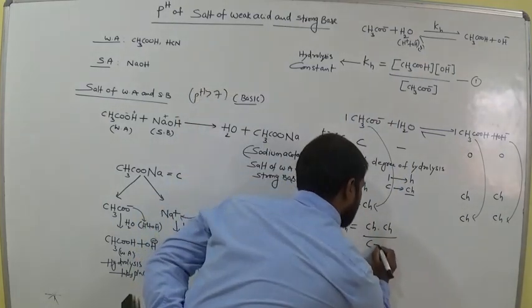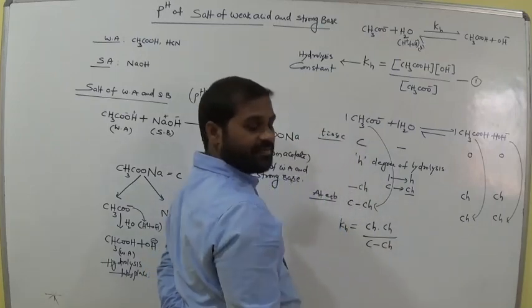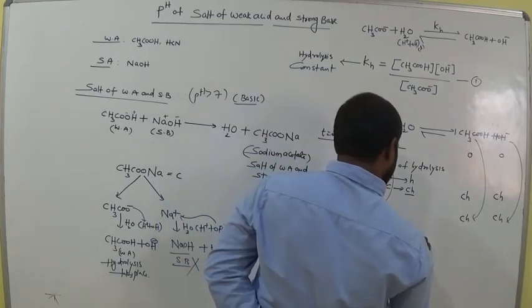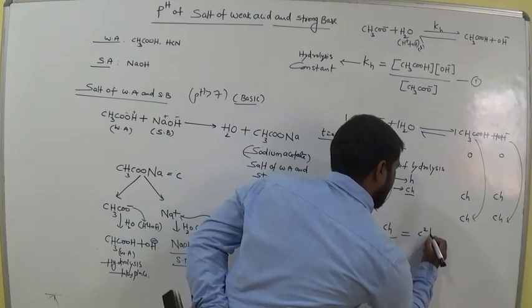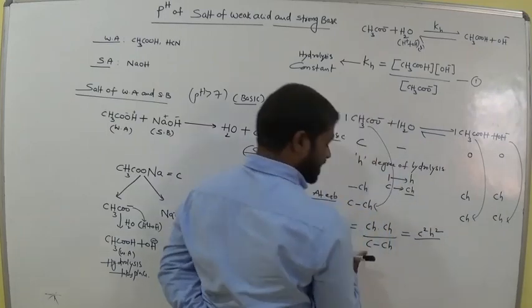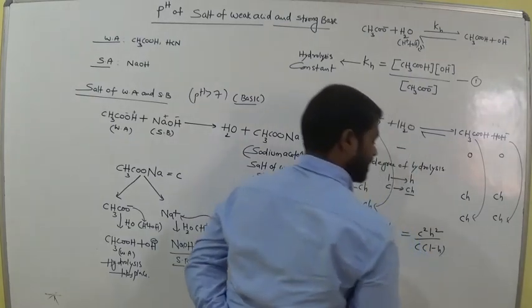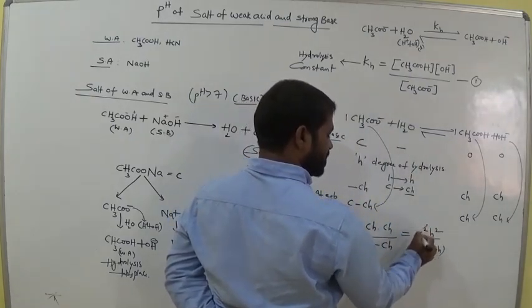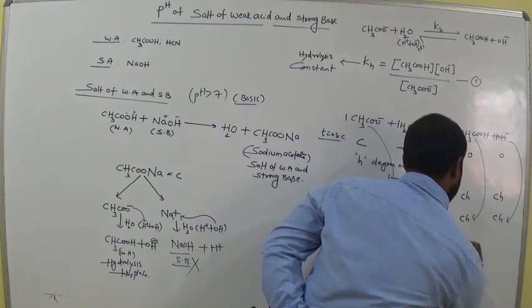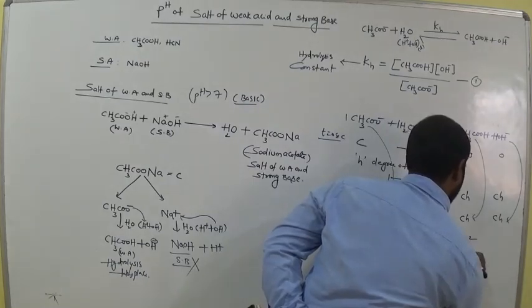C minus Ch. Am I right? Clear all of you? From this one, C square and h square. Now here take the common C, then it is C into 1 minus h. Now cancel this one and this one. Now finally we get Ch square by 1 minus h.